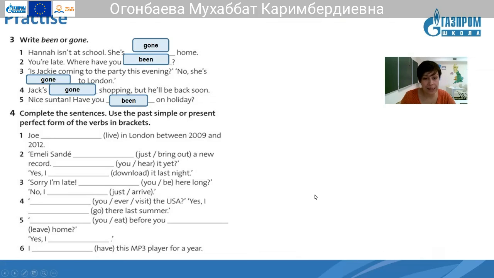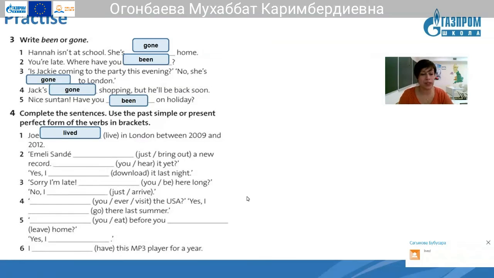Right, next sentence. Past simple or present perfect. John lived in London between 2009 and 2012. Perfect, Bubusara. Emils and Dad just brought out a new record.